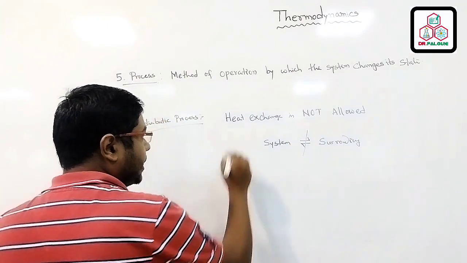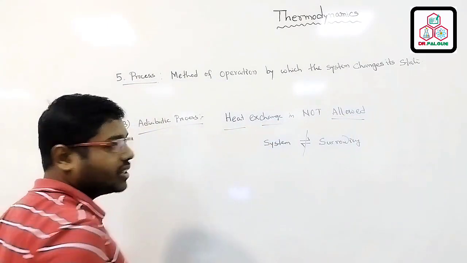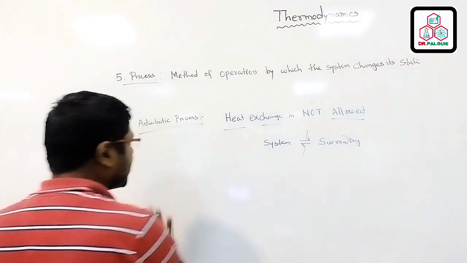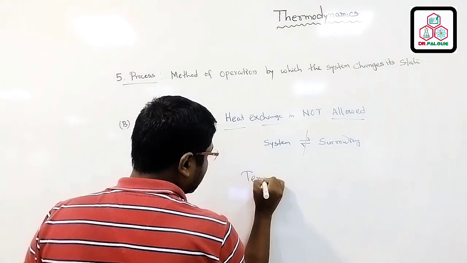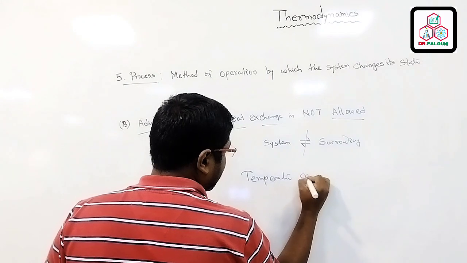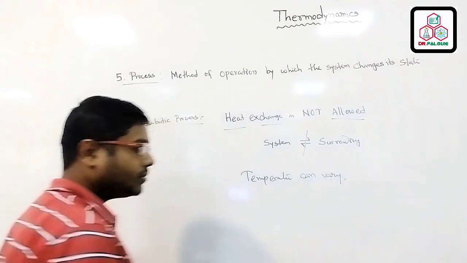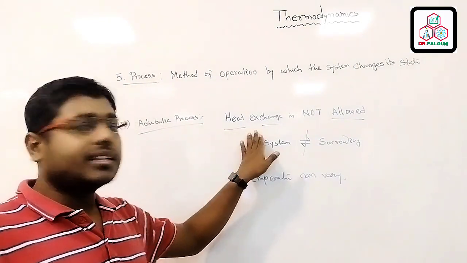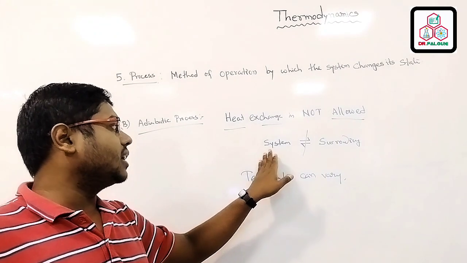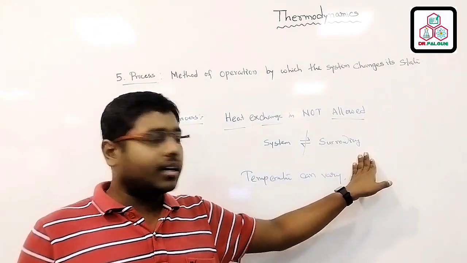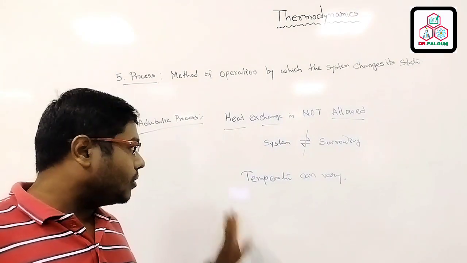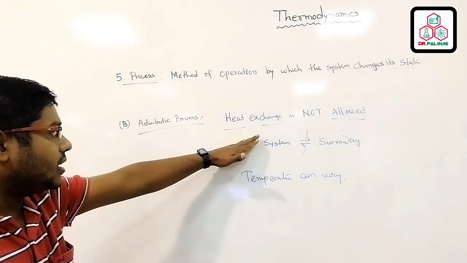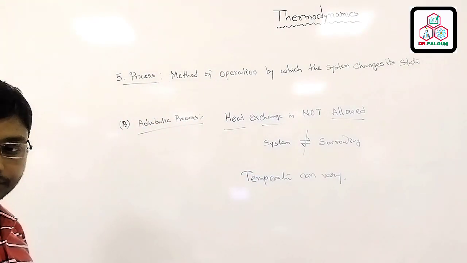Heat exchange is not allowed in the adiabatic system, right? But when heat exchange is not allowed, then temperature can vary. So in adiabatic system, heat exchange is not allowed from system to surrounding and surrounding to system. Only temperature can vary. Okay, such a system is called an adiabatic system.